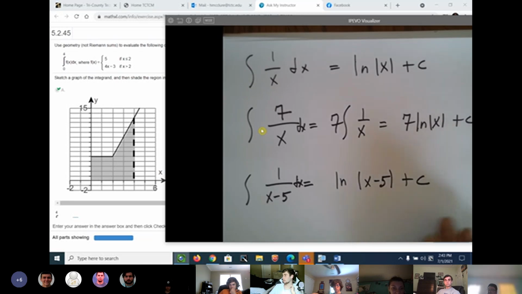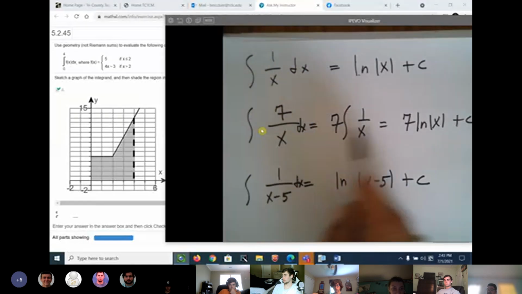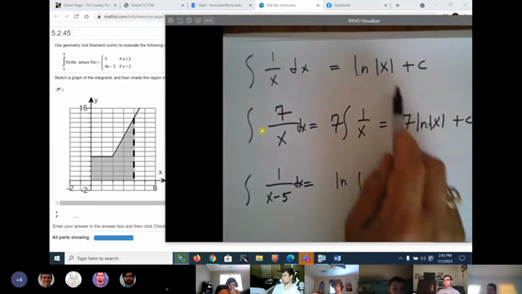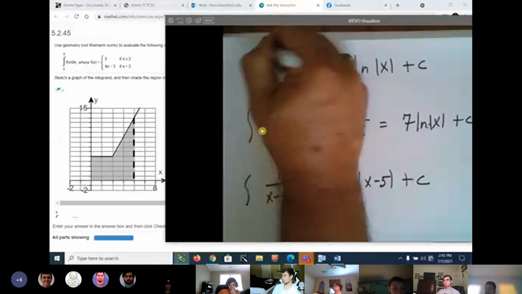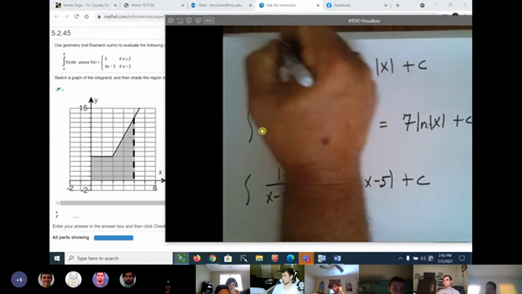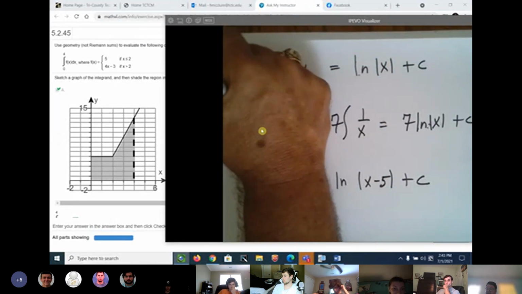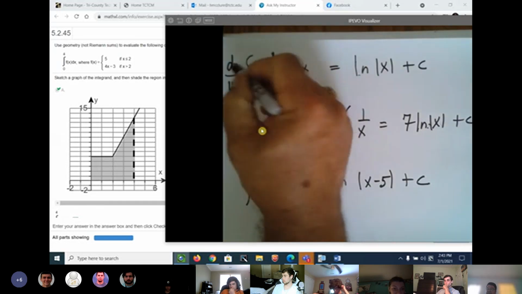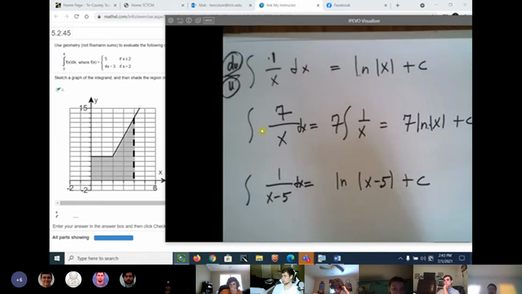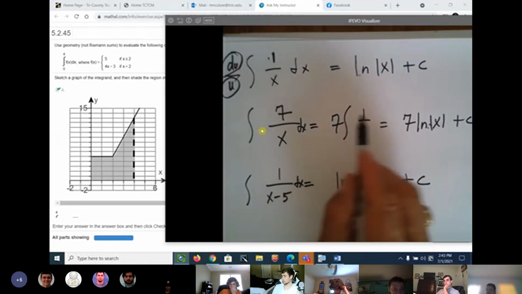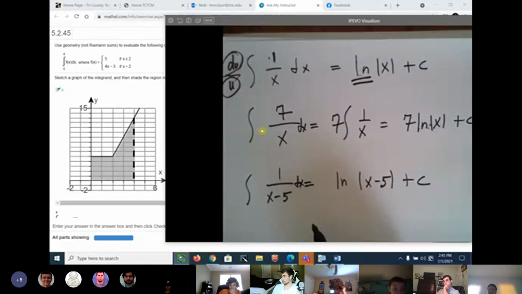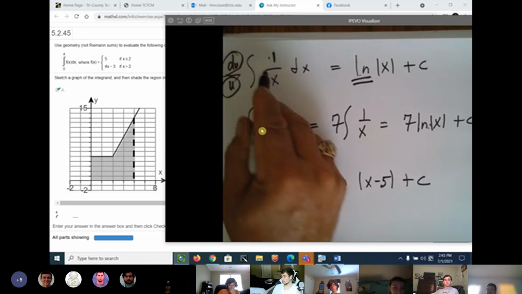These are not the power rule. These are just 1 over x is natural log. Basically this is du over u. If you have the derivative over the number, then it's natural log. And that's what that basically is.